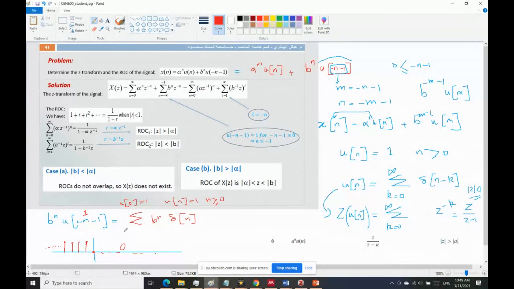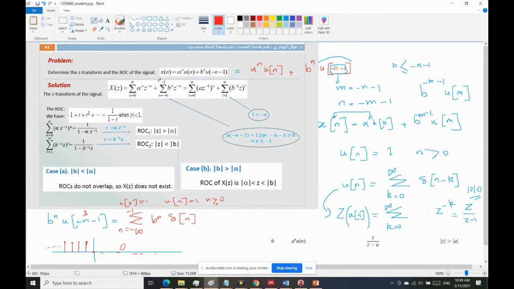So the shifts start from minus infinity until the last one, minus 1. There's no shift at 0. At minus 1, when n is minus 1, we have a delta. When n is 0, we don't have a delta. It's 0. So we can write it as this sum, just running from minus infinity to minus 1. And that's what they have done here.